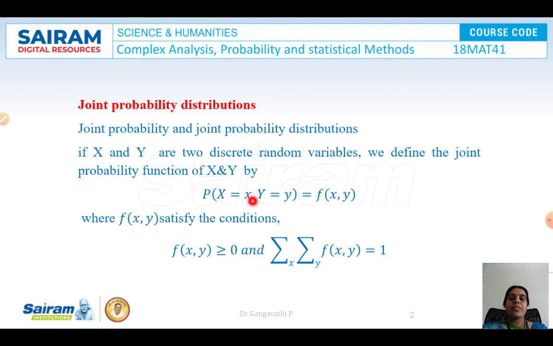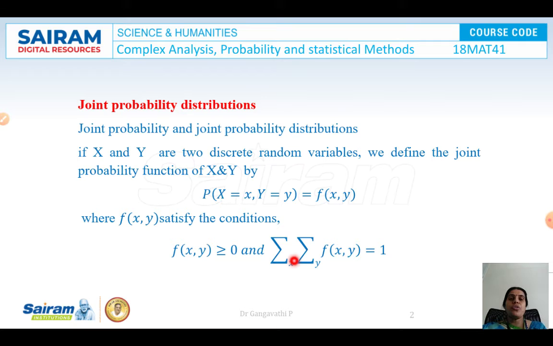The other way of representing this probability distribution of two random variables is f of x comma y. This f of x comma y, the joint probability function, must satisfy the condition that all values of the function must be greater than or equal to 0. They must be positive values and they can be equal to 0.